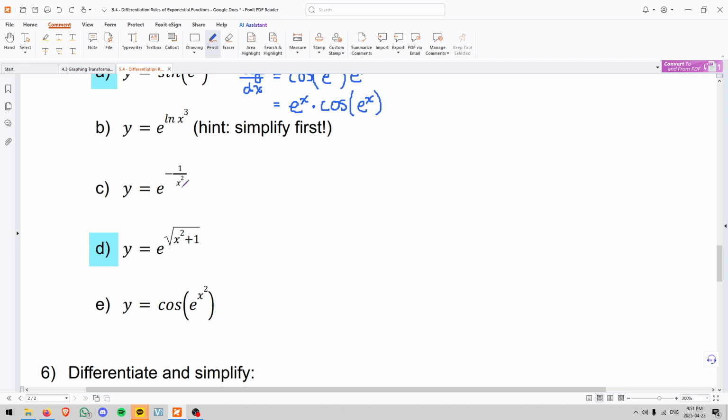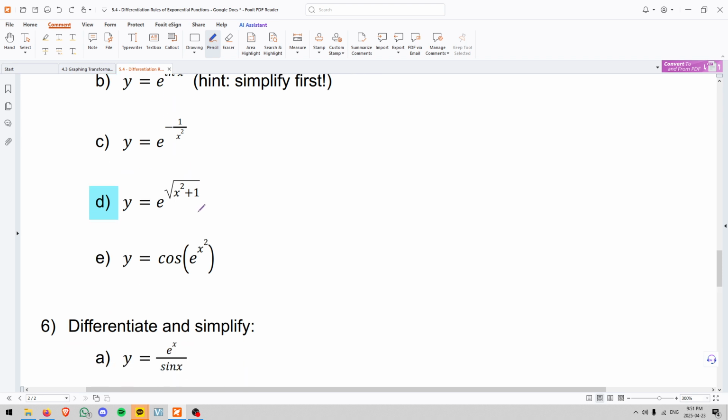B, there's your hint. You can try it. D, ooh, okay, let's do it. We have a square root function as my exponent. So the derivative of that is going to be some kind of polynomial derivative. Yeah, let's try it. D, for the sake of space, I'll do it here. dy over dx is, leave the exponent or leave the power as is, times ln of the base, which is 1, times the derivative of this.